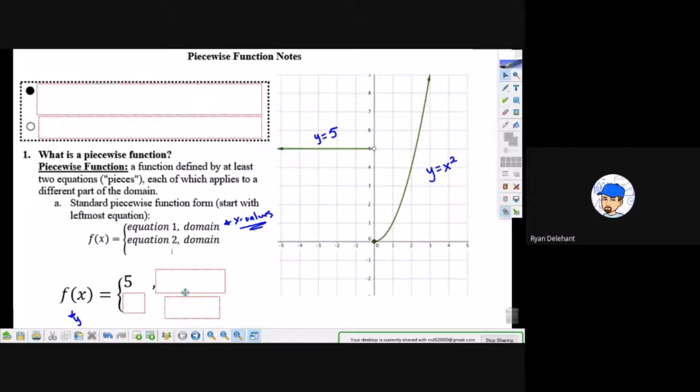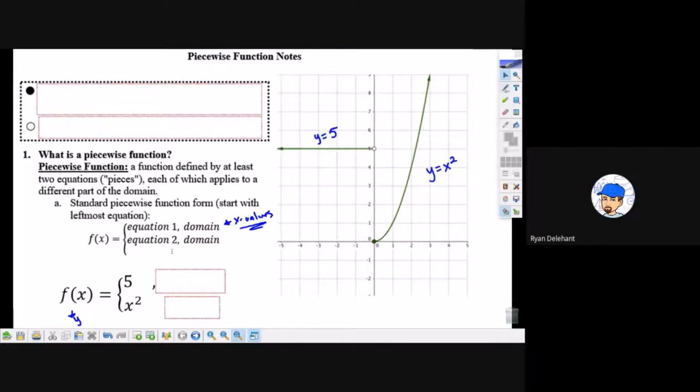The second equation is y equals x squared. We would just write x squared in there. Those are the two equations that we see for this function. However many, we have 2 because this graph had 2. We're talking about kind of looking from a graph to writing the function down.